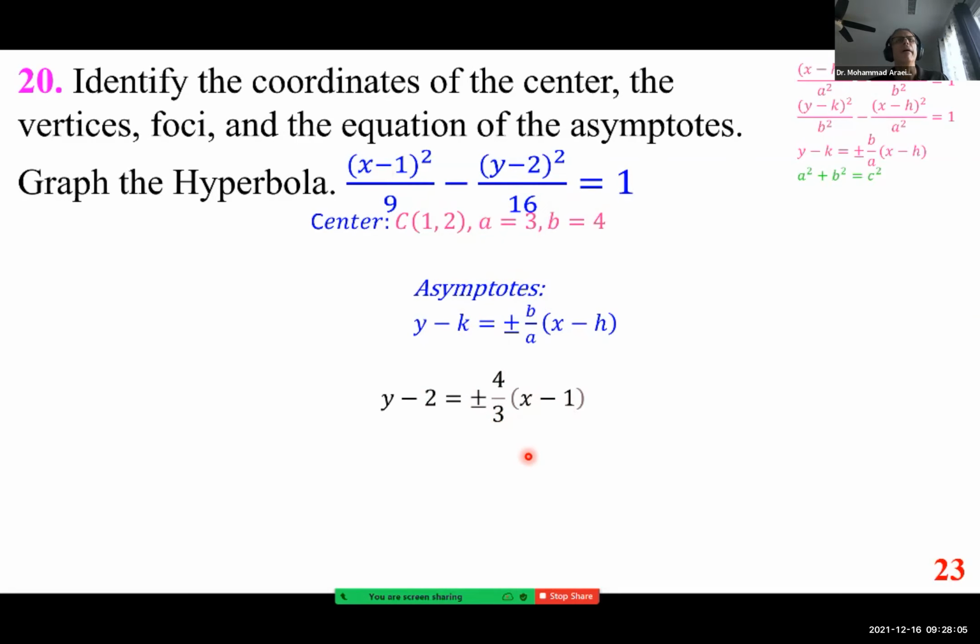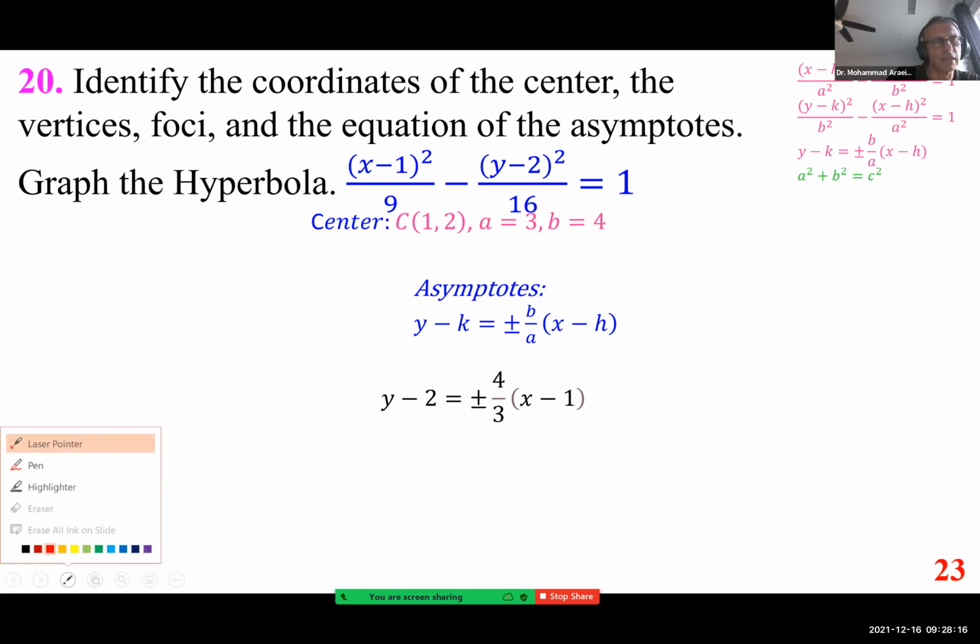Now, all you have to do, just pick up a pair. Please understand this means two equations. Let me write it and then I erase it. I want to make sure everybody understands that we are dealing with two equations here.